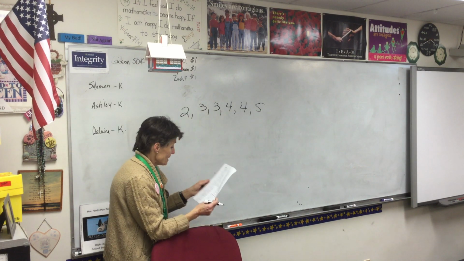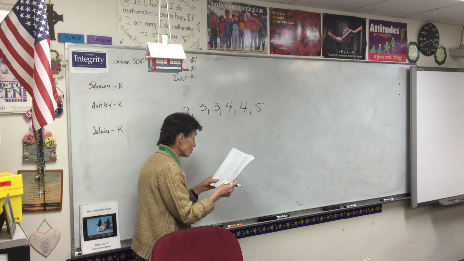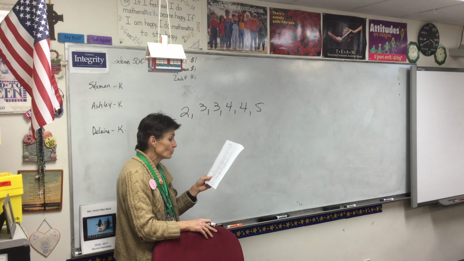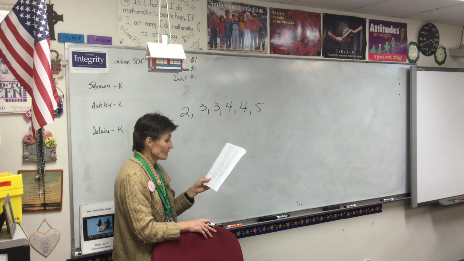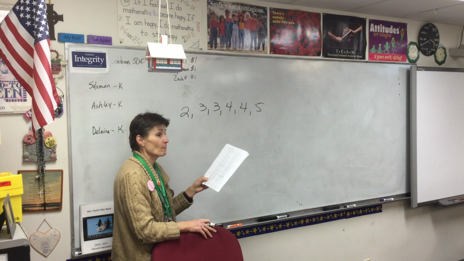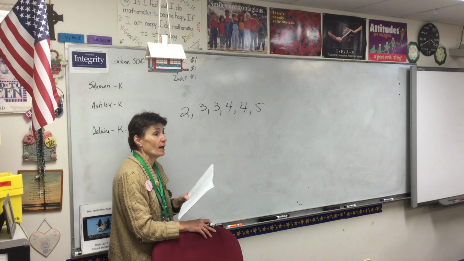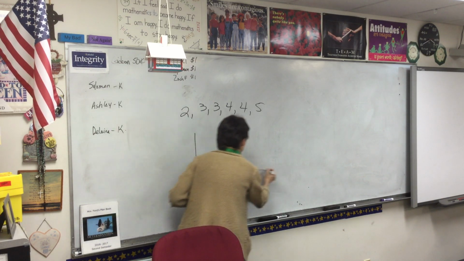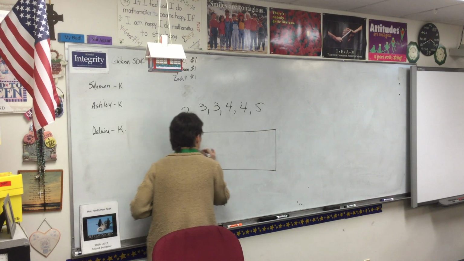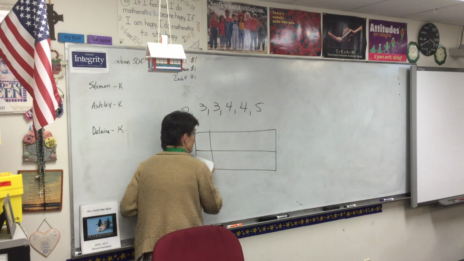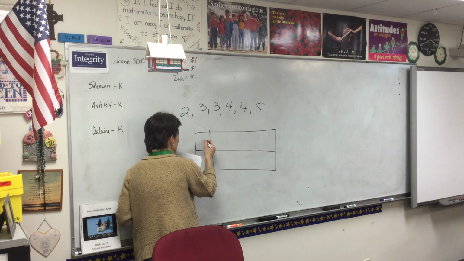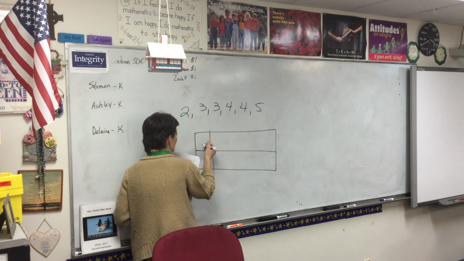Okay? Now, it says a die is thrown twice, and the outcomes are added to give a total T. Construct a table for the probability distribution of T. Now, what that means is, this is going to be a probability distribution, and this is going to be the actual sum.